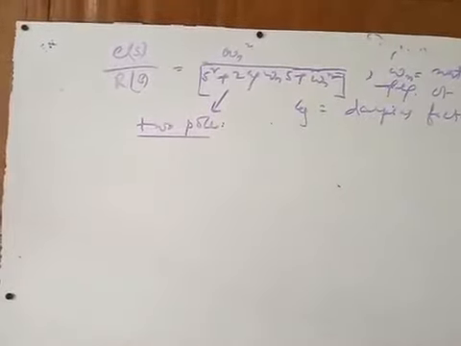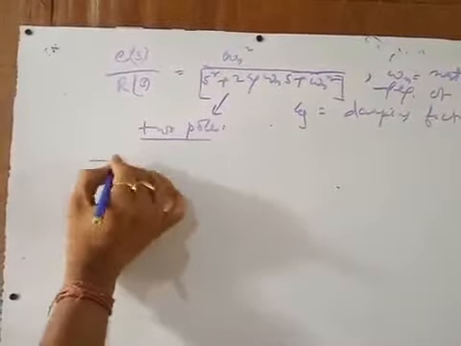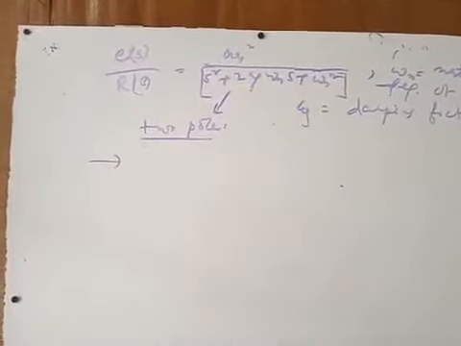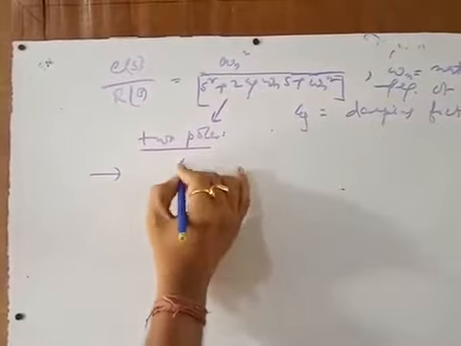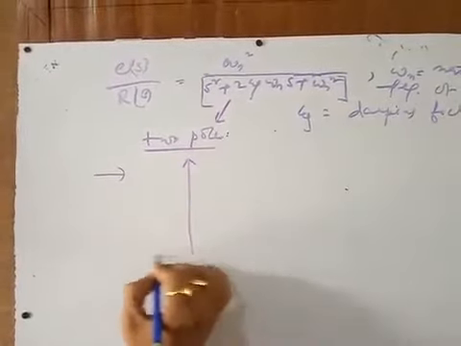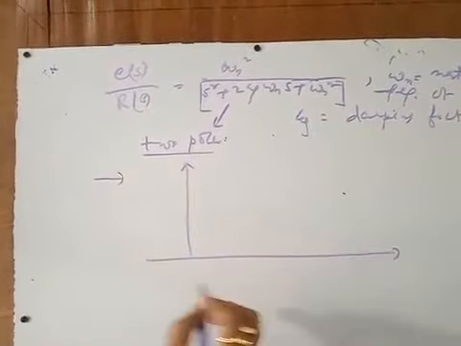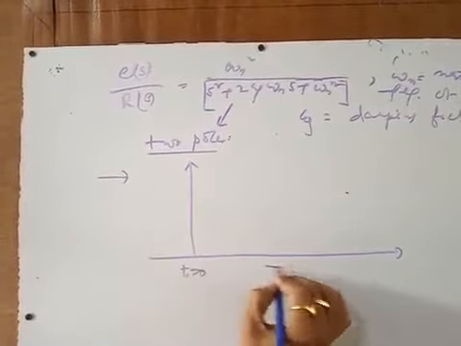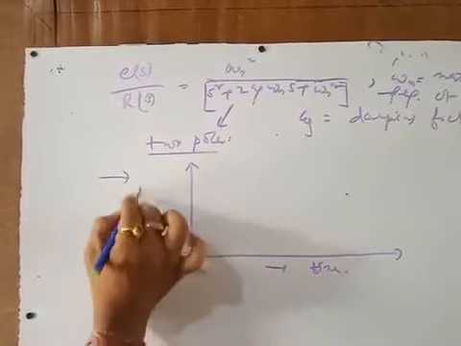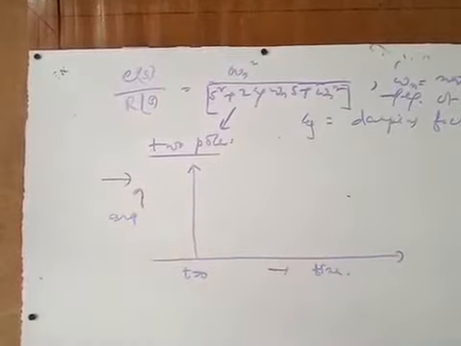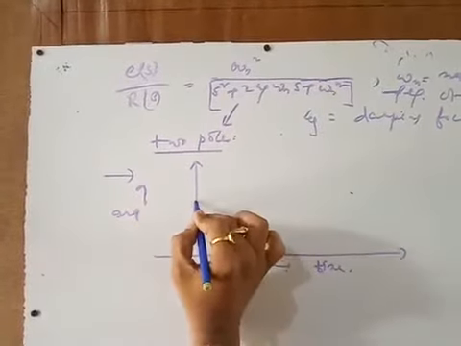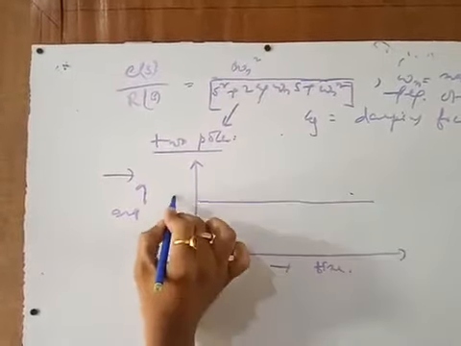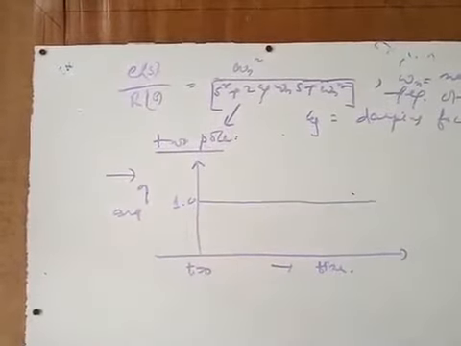Damping factor means, say, there are three kinds of damping normally applied to any system. For example, I write like this. Say this is t equal to 0, this is time, this is amplitude. Now this is your, say, 1.0, this is your step signal.